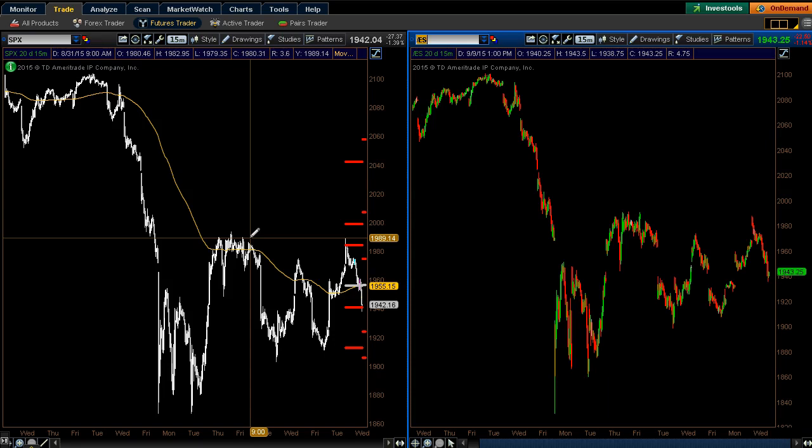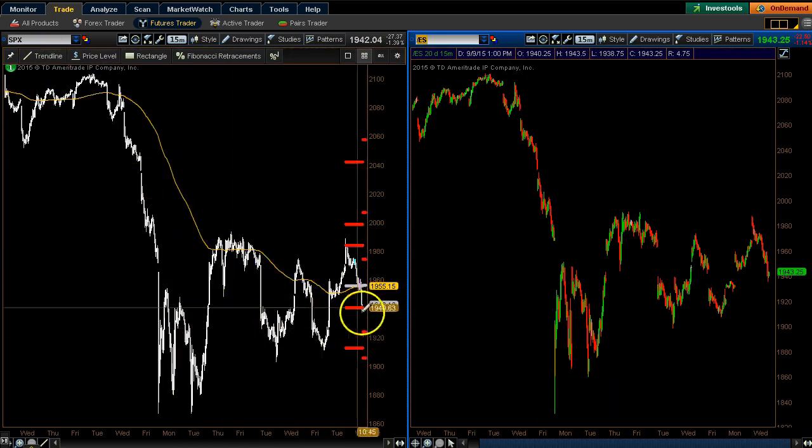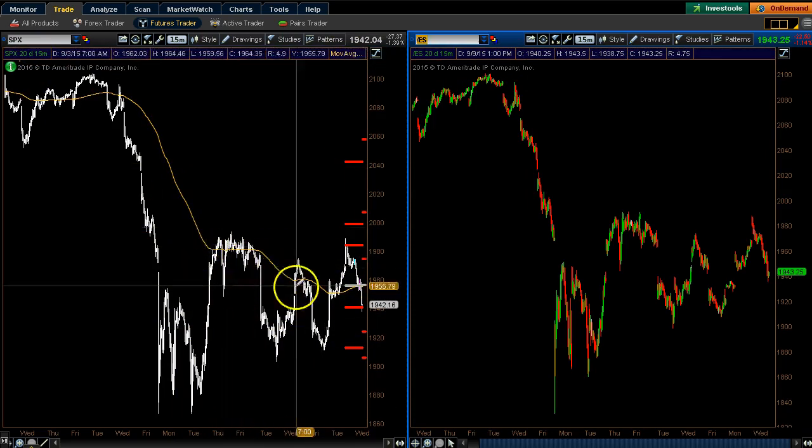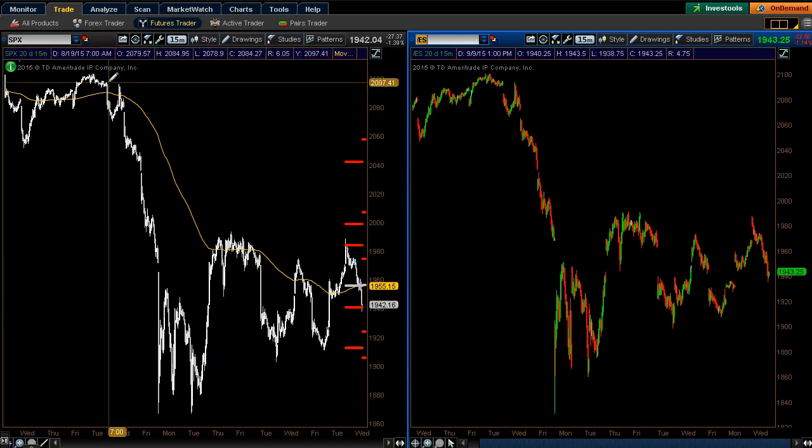One of the reasons you want to watch the SPX along with the E-mini S&P futures is because SPX is the index that the E-mini futures are actually based off of. You can't actually trade these futures if you try and pull them up in your platform, they're only pit traded.